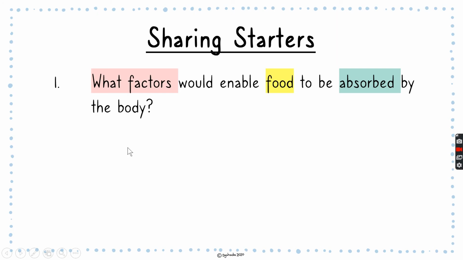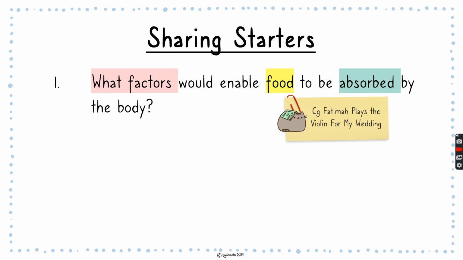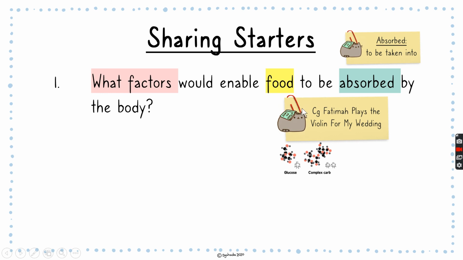Alright, so we need to think about what factors you think would enable food to be absorbed into the body. If you remember, what types of food do we absorb in the body? We have C for carbohydrates, and examples of carbohydrate are glucose, a simple carb, and starch, a complex carb. And then you have fat, and that's what fat molecules look like.